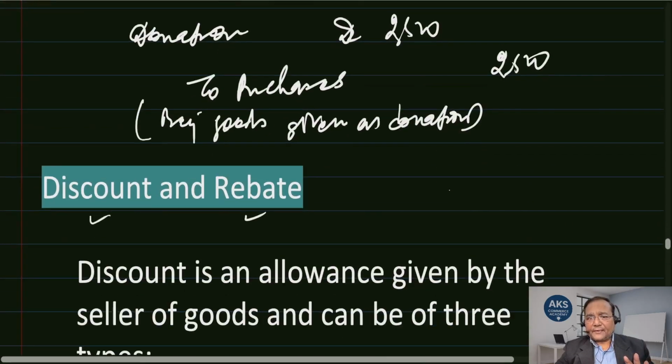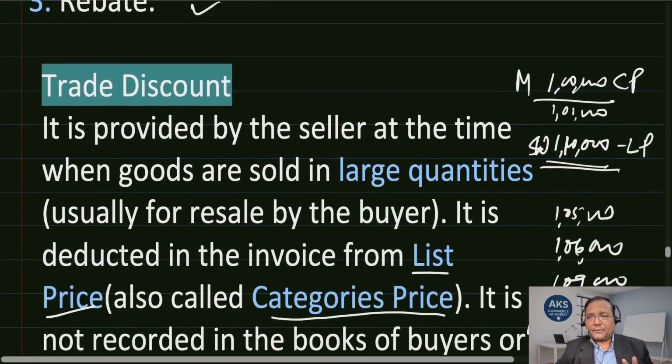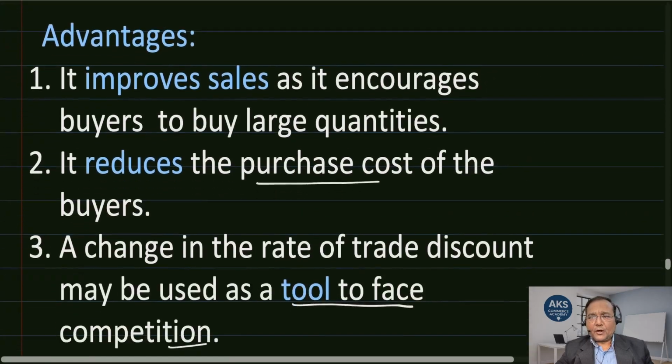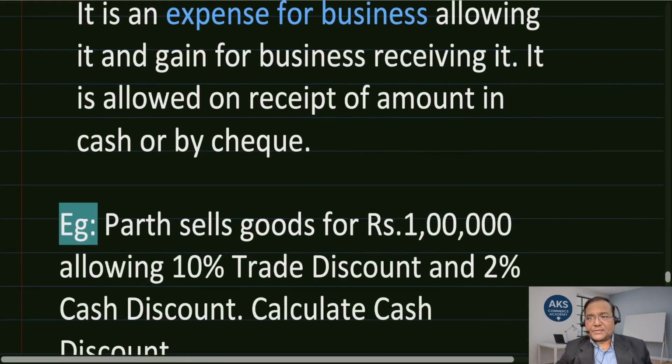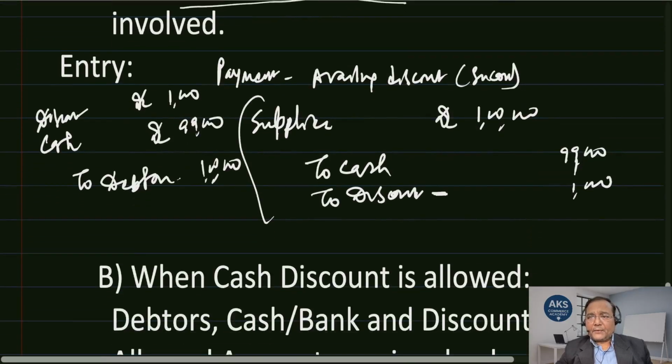Then we have seen discounts and rebates, that we have thoroughly understood what these are, how they are entered in the books of account, the advantages of the various discounts offered, when cash discount is allowed, when trade discount is allowed, and when rebate is allowed.